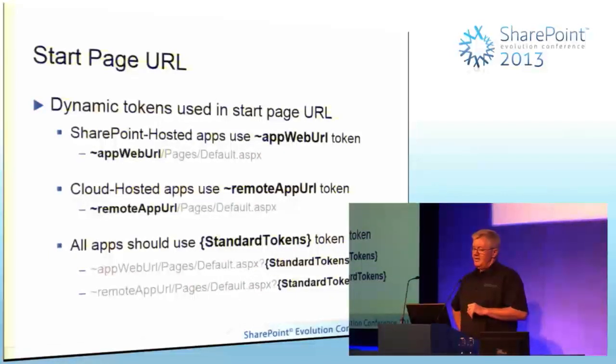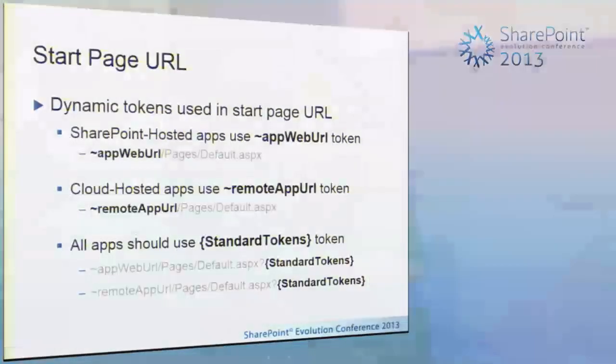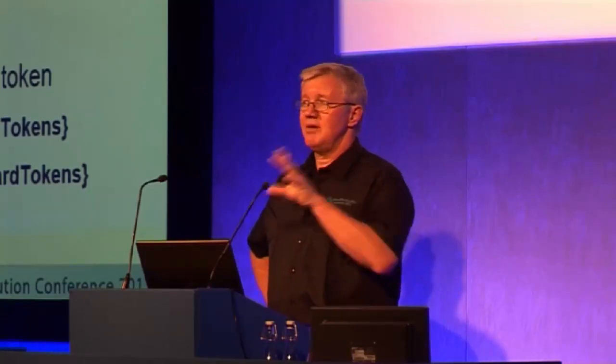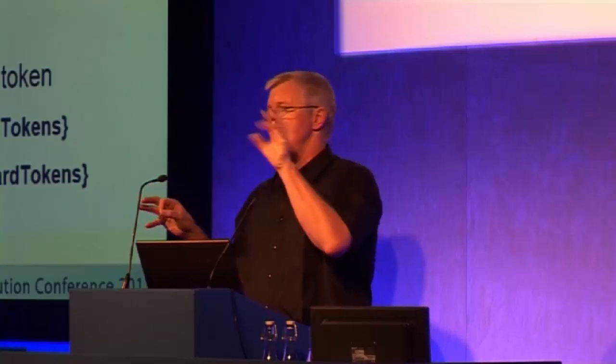Now, unlike the app web URL, the remote app URL is sometimes replaced by SharePoint, but sometimes it's replaced by Visual Studio. Now, if you have a provider-hosted app and you hit the F5 key, it's going to basically look to the project that has your remote web and find the URL and just basically replace that inside there.